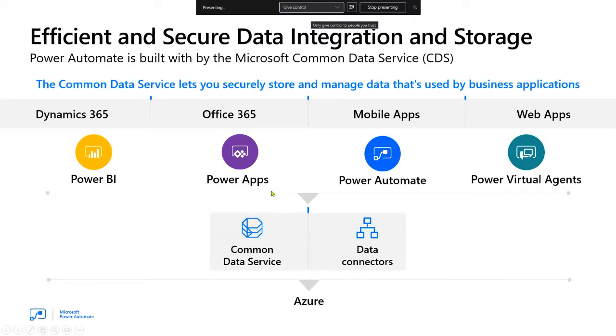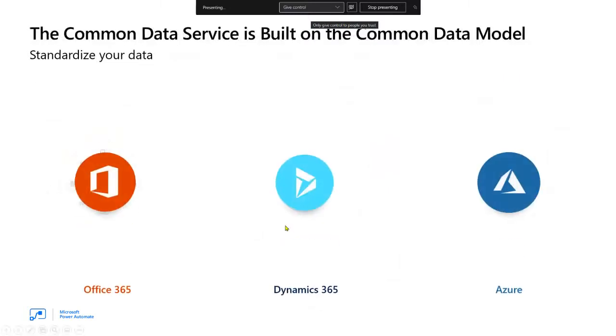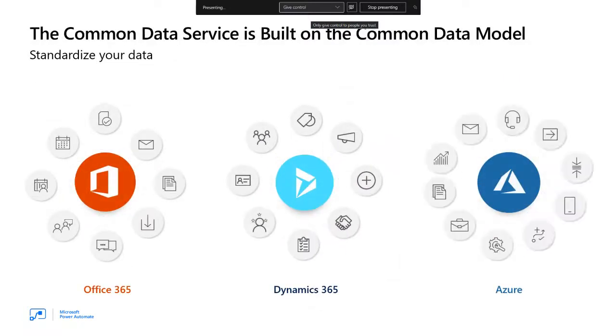So if you want to push data to Power Virtual Agents, which enables you to create bots without writing code, say you want to take this interaction from this bot, use Power Automate to automate this process and send an email to someone saying, hey, reach out to this person, you can do that. And you're leveraging the power of the data connectors and the common data model, and all of this is built on top of Azure. That's some of the beauty of the Microsoft environment.